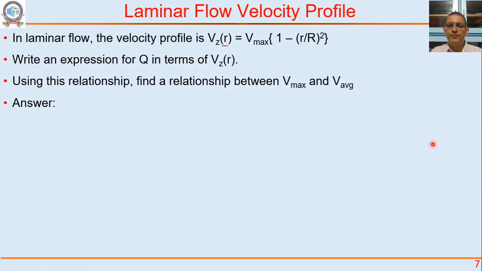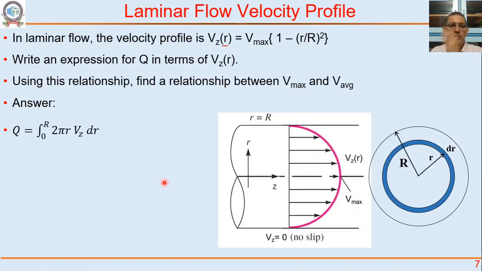If you do that, then we have to add up all such control volumes. So flow rate would be 2 pi r Vz into dr. 2 pi r Vz into dr would be the volumetric flow rate through this control volume of size dr. If you would like to think about this 2 pi r, that's why we did engineering graphics.